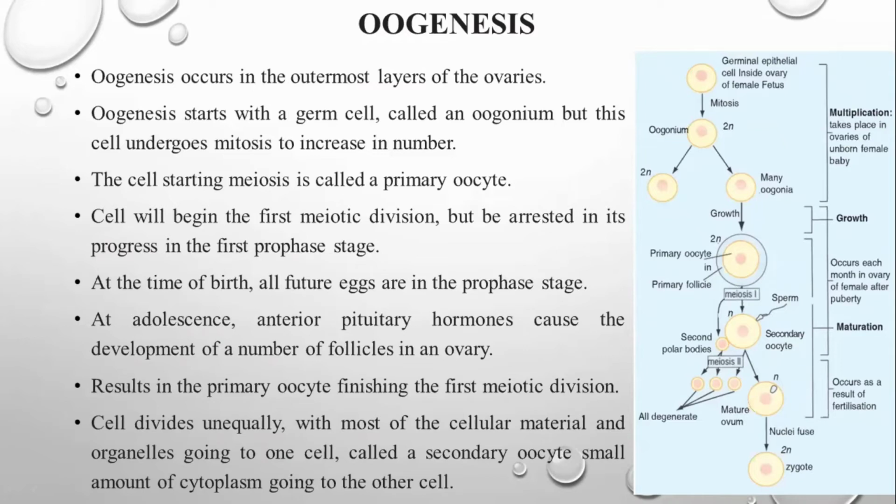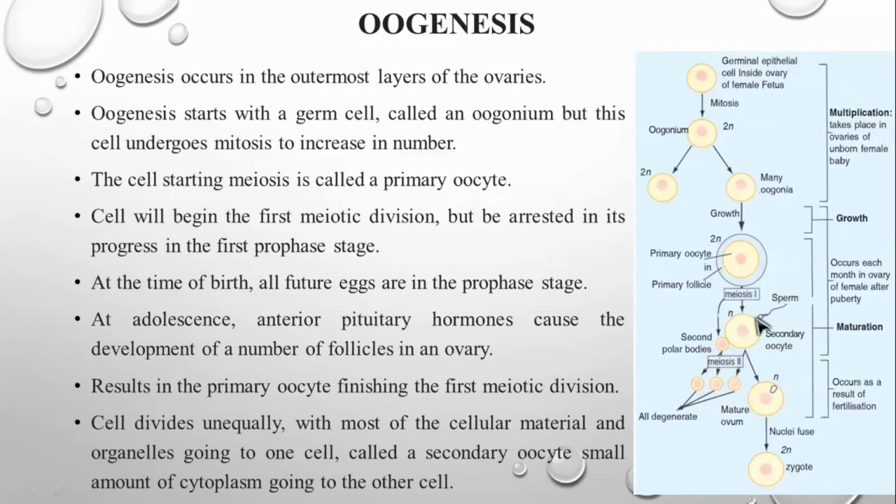When this secondary oocyte, or the ovum, gets in contact with the sperm, only then does it undergo another process called meiosis 2.